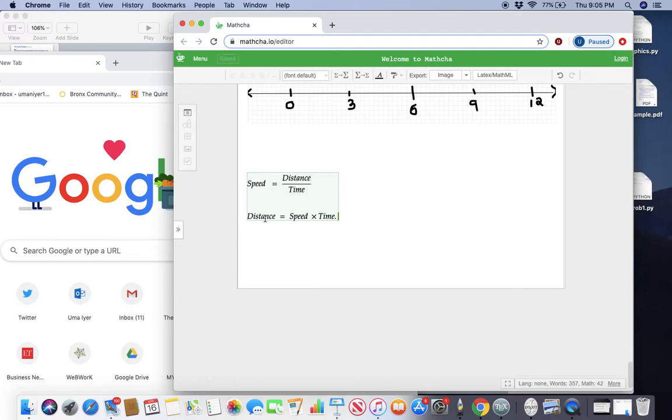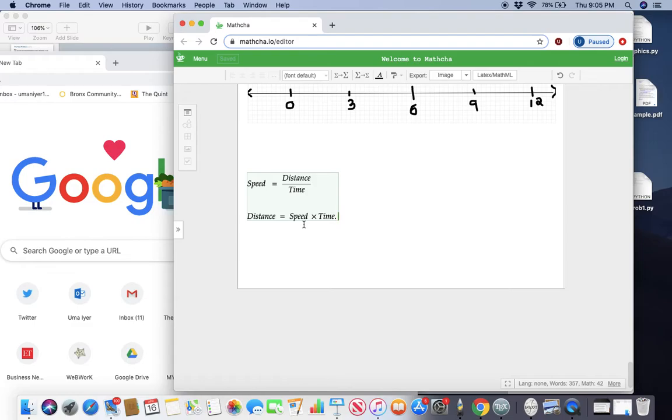So distance would be given to you if speed were say 30 miles per hour. Then given time you can find how much distance you have covered. This makes sense if you're driving at 30 miles per hour for the entire duration of the time.